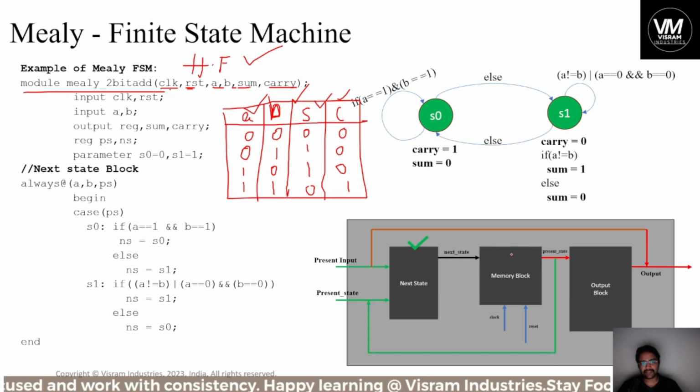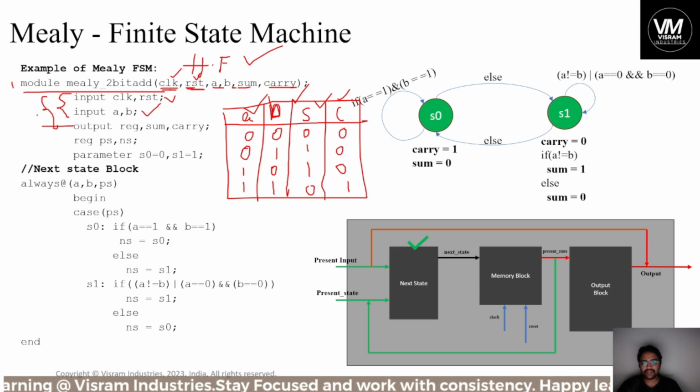Memory is a sequential circuit, right? It depends on the clock and reset, and you should consider them as inputs as well. So take them as inputs, clock and reset and A and B. Take the output. So this is the first part, this is the second part.